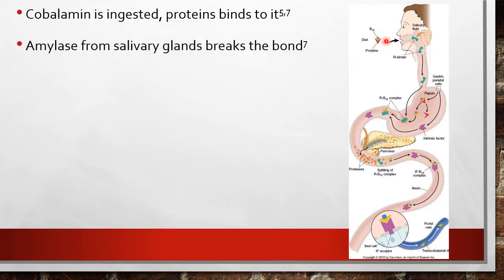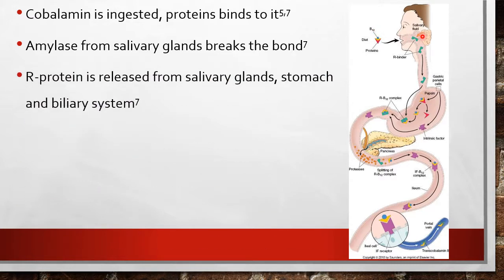Through the initial stages of digestion, the amylase enzyme from the salivary glands breaks the bond between the proteins and the cobalamin. The R protein, also secreted by the salivary glands, is used to protect the cobalamin from the gastric acid when it reaches the stomach.